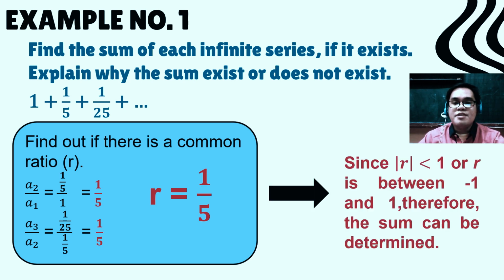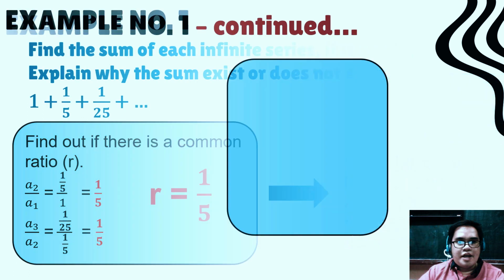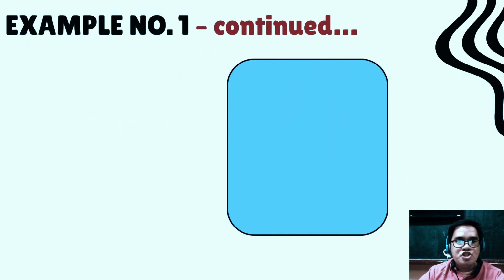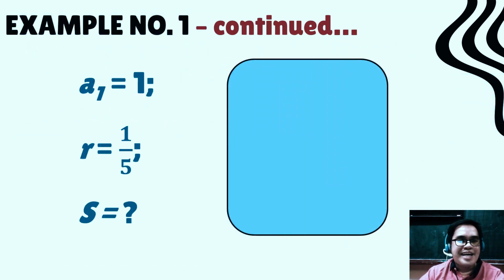Since the absolute value of r is less than 1, or r is between negative 1 and 1, therefore, the sum can be determined. As we continue the example number 1, these are the given.